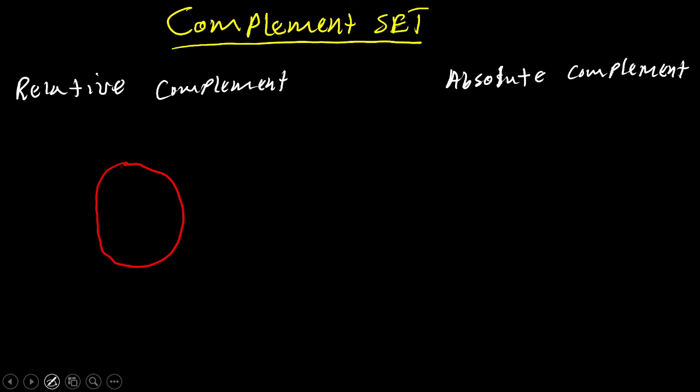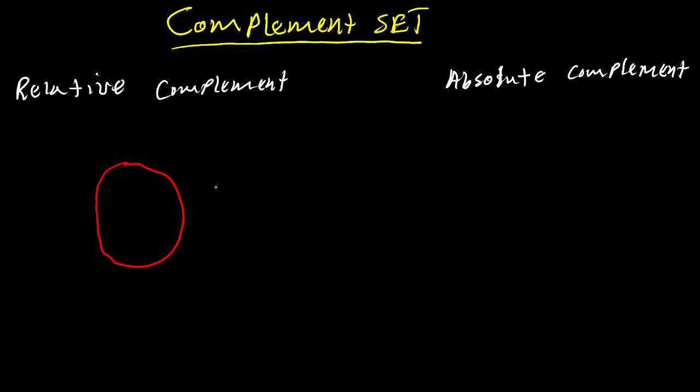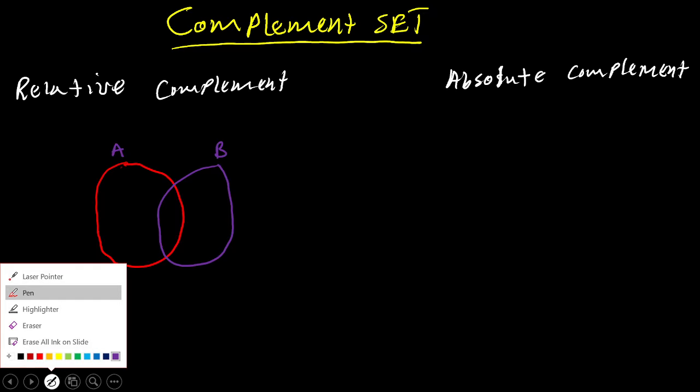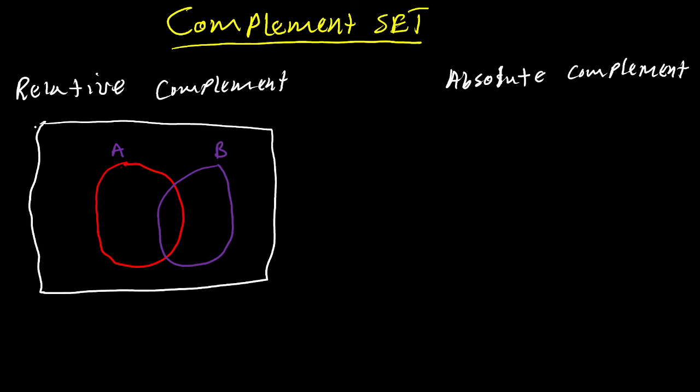So this is the relative. When you talk of a relative, your relative has two parts. So let's say you have set A and set B. From this, we are just going to compare two sets.